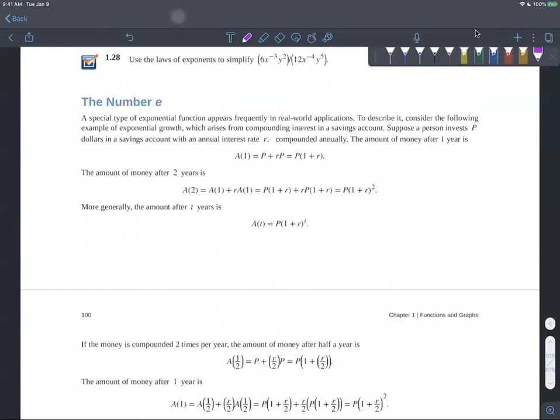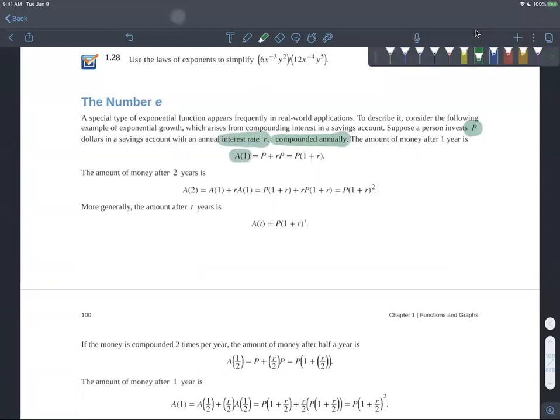The amount of money after 1 year is, and this is similar to that population example we saw earlier. If you put in P dollars and you are getting an interest rate of R, let's say 5% every year, if this is compounded annually, then how much money will you have after 1 year?